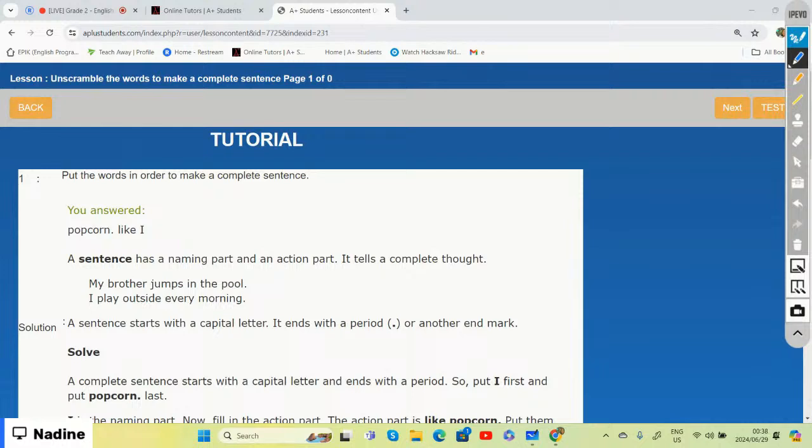Popcorn like I. How are we going to write that within a sentence? So we can then say, I like popcorn, right?